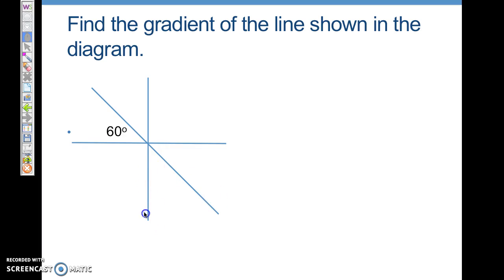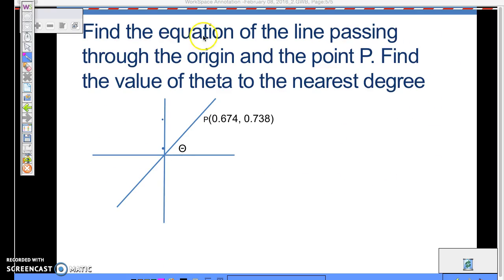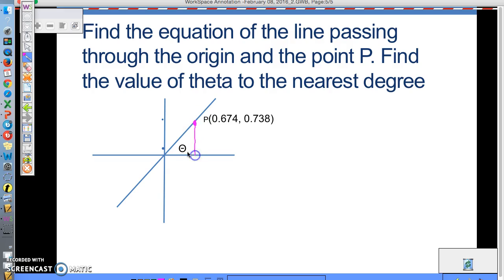All right, a couple more that we're going to look at here. So this one, find the equation of the line passing through and find the value of theta. So we have some coordinate out here, and we know that this is 0.674 and this is 0.738. We go over and up.